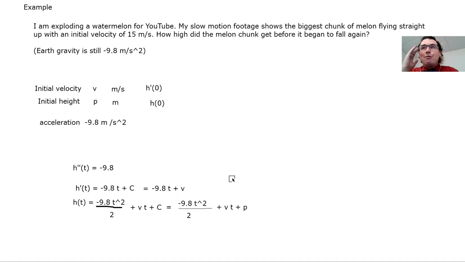function, this predictive tool to know where an object will fly after I eject it from the surface of the Earth, the coefficients of this function are completely determined by the parameters I'm told at the beginning of this problem. And in fact, if I had different acceleration here, then I just have a different number here for my second derivative, and I'd have a different number for my coefficient on the t squared term.